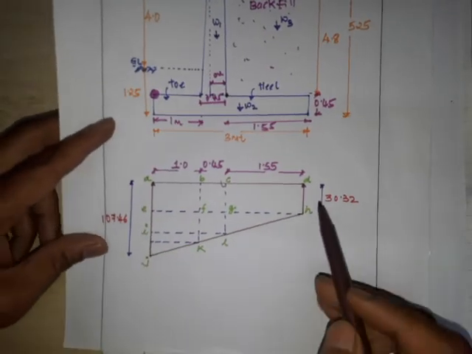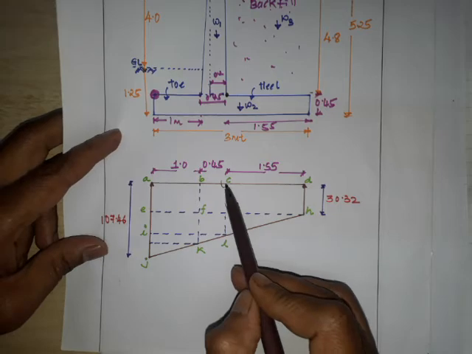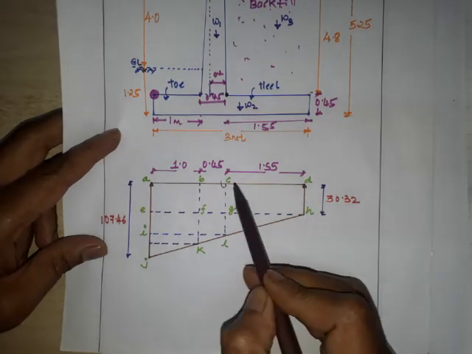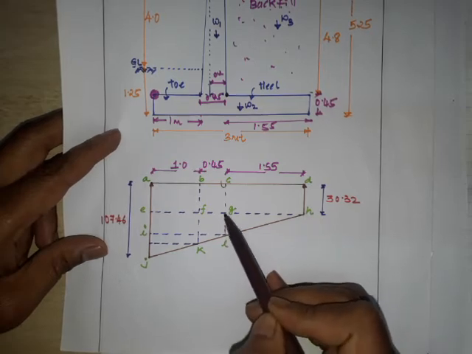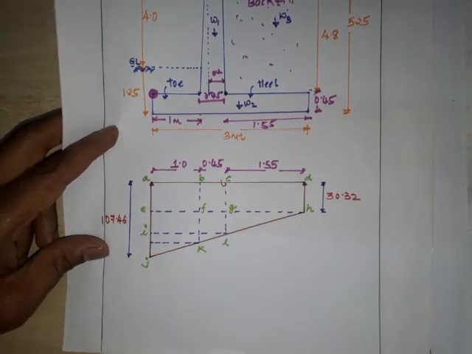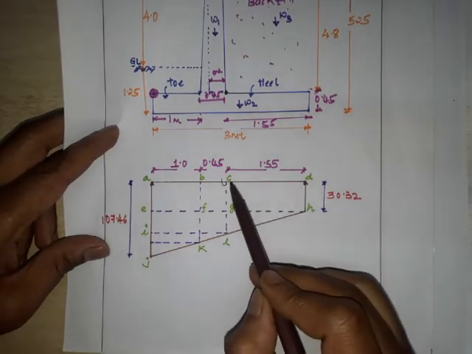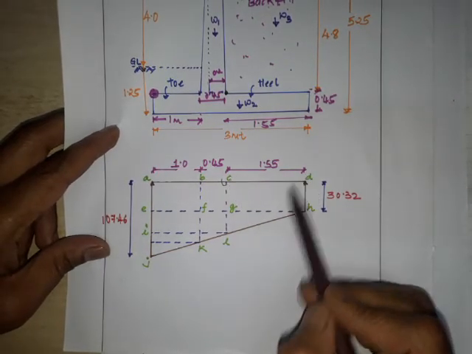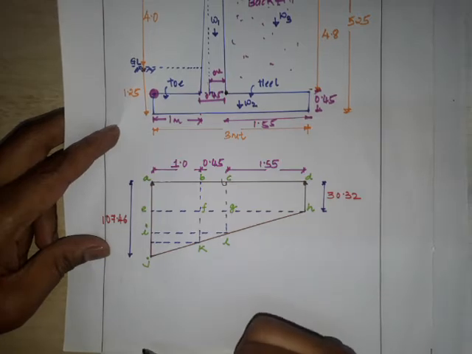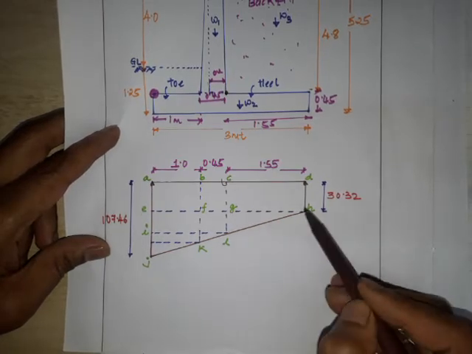So here we have the upward pressure now, that is this part. I separate this: one is rectangular, one more is triangular. So that is CD, GH one part, and GHL.